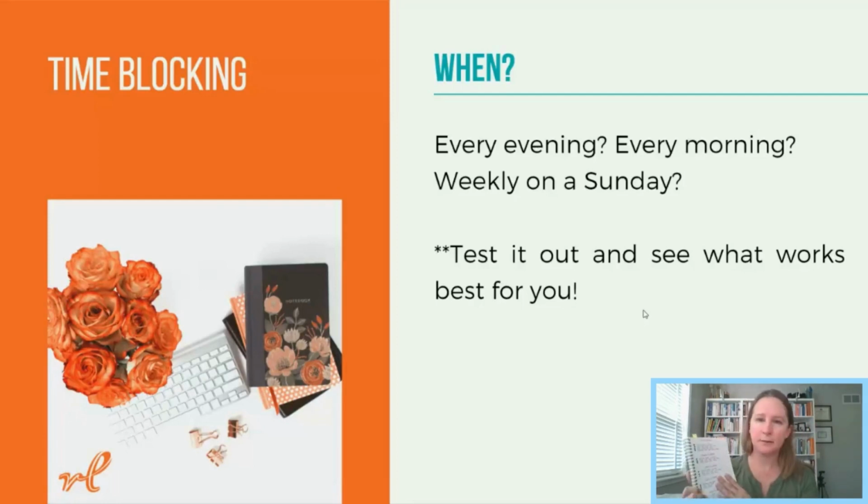And then you could certainly still do a paper priority list like this in your bullet journal, writing out your top 3 or 4 things you want to do each day and check them off, or use a sheet kind of like this so that you can list out your high, medium, and low priorities and kind of work through the list that way as well. And each day you can have a new list.